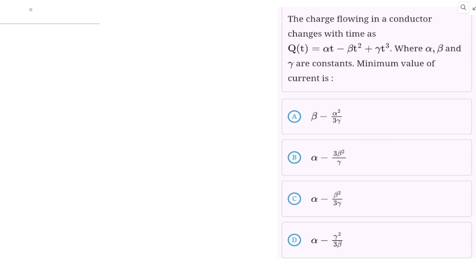So first of all, charge as a function of time is given in the question. What is given to you? Charge is given, and charge is a function of time, which is alpha t minus beta t square plus gamma t cube.